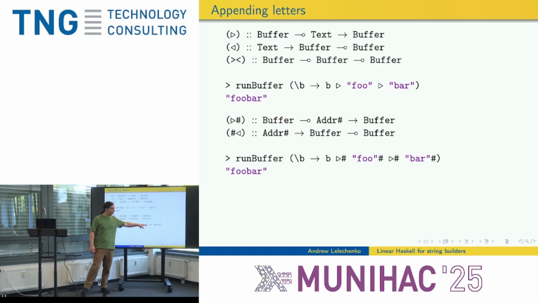You just write your string and put a hash at the end. This will just allocate a byte array, C style. You would never create any text, or even worse, you would never create any linked list of characters. So the package provides special functions which allow you to concatenate with statically known literals.